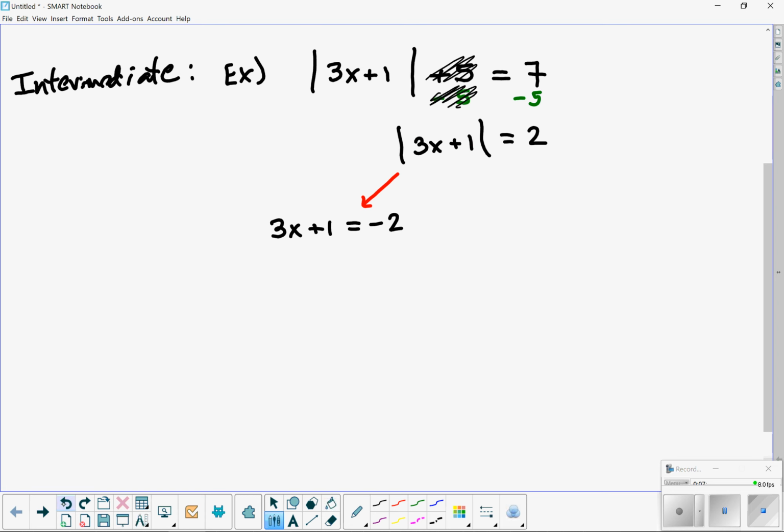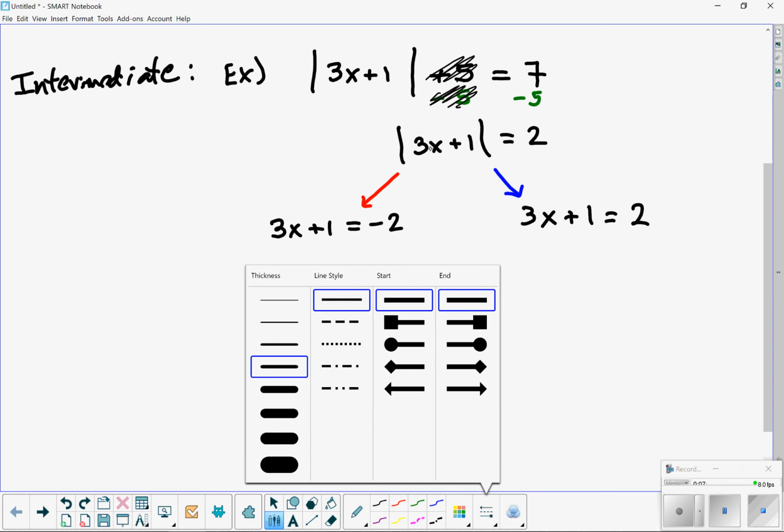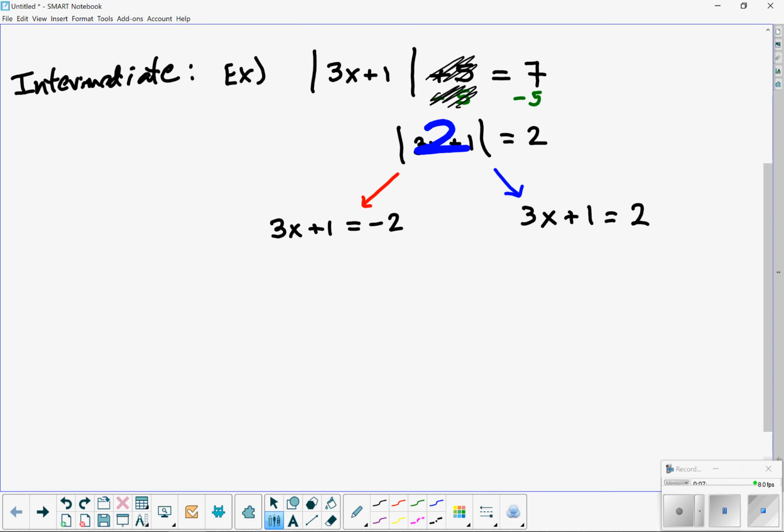And also, my inside, my 3x plus 1, could also be equal to +2, because if the inside all looks like 2, the absolute value of 2 is still 2. So it all still works. That's why I'm able to write down 2, and I'm also able to write down -2.